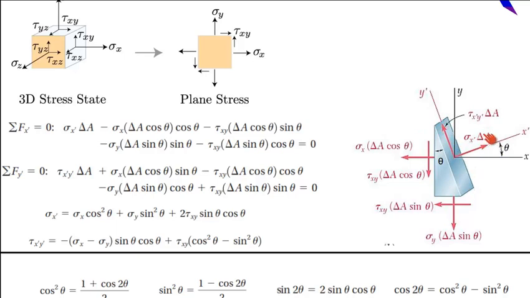So multiplying these two will give the force in this particular direction, that is sigma x dash delta a. Okay, now we have to resolve sigma x delta a cos theta. This is a force in the x direction and we have to resolve this force into this direction. Okay, so it has made an angle with the vertical as theta. So when you resolve the system into the x dash direction, it will take the value as sigma x delta a cos theta into cos theta.